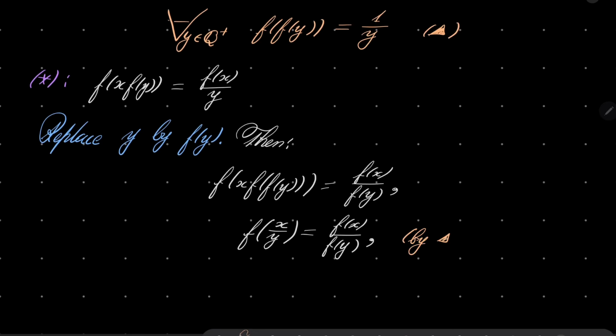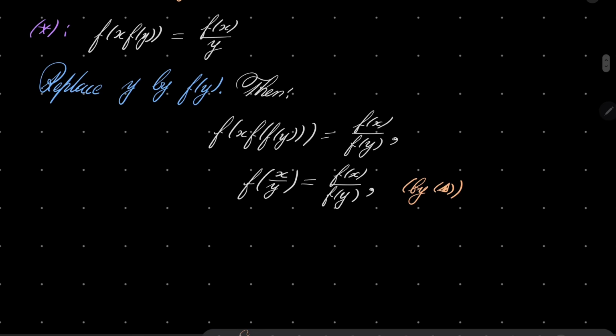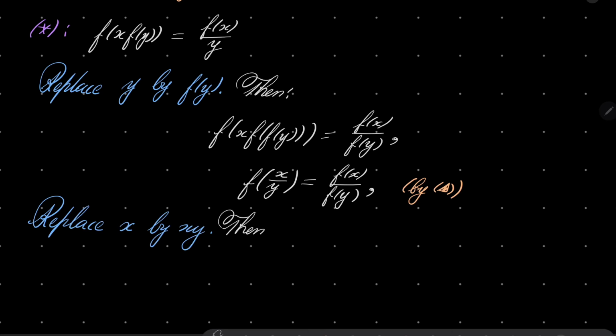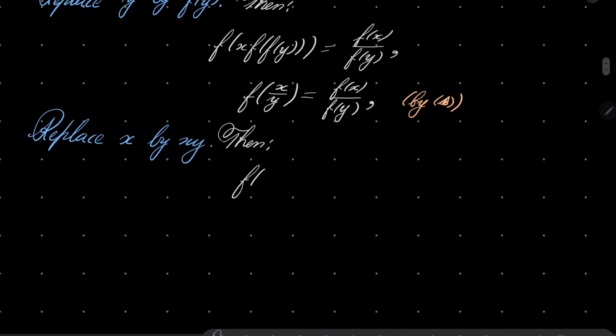By condition triangle. And also now let's replace x with x times y. Then we have the following. On the left hand side we have f of xy over y equals f of xy over f of y.